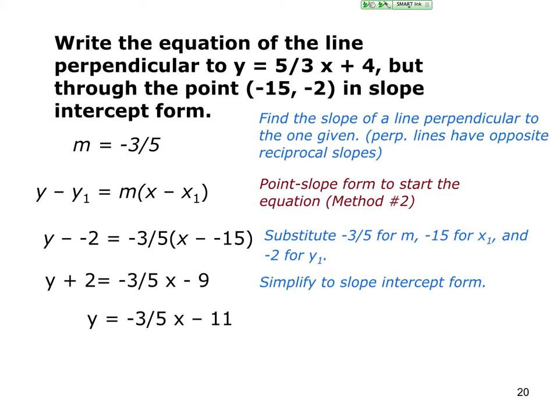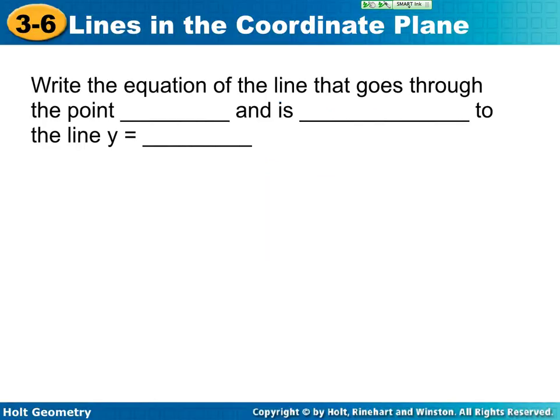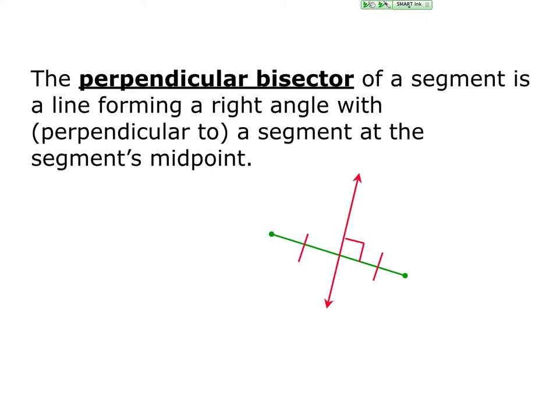Okay, so we wrote equations, we did parallels, we did perpendiculars. The last bit is from the 3-4 section. So flip to the 3-4. Okay, 3-4 is about perpendicular bisectors. A perpendicular bisector is a line that forms a right angle with a segment and goes through the segment's midpoint.